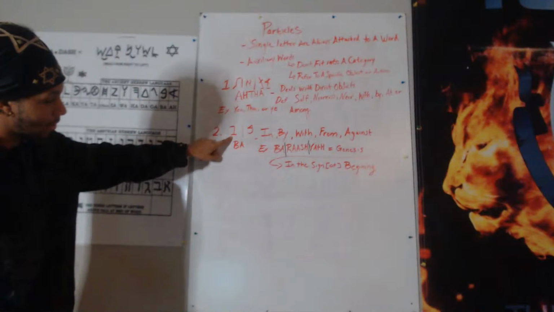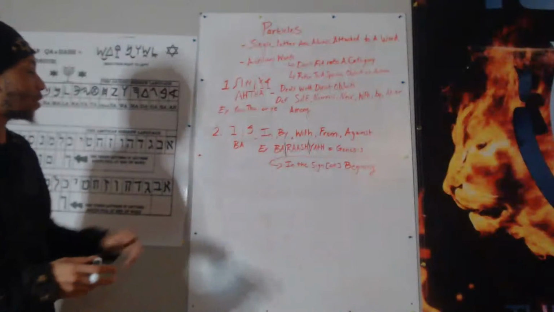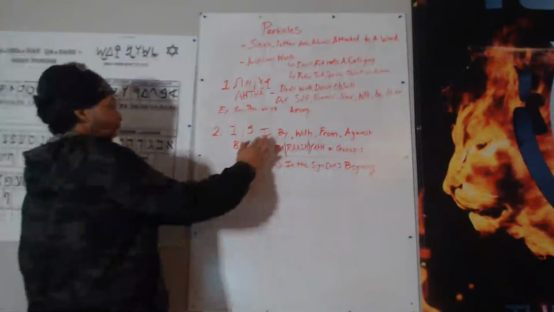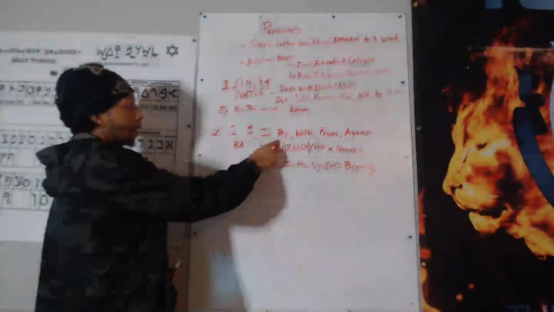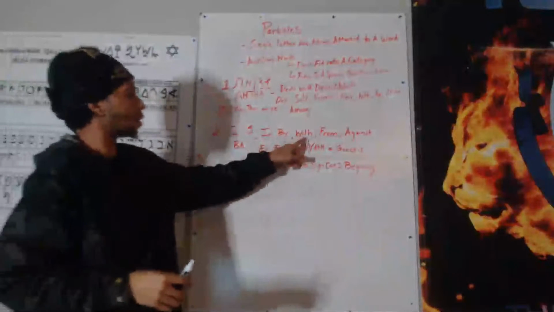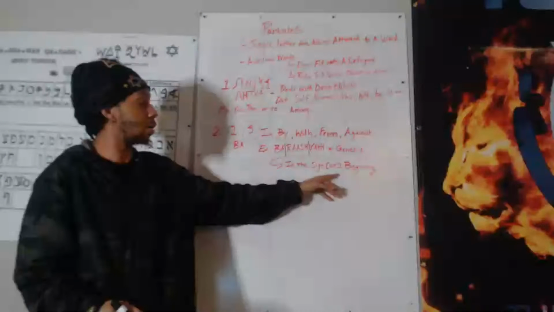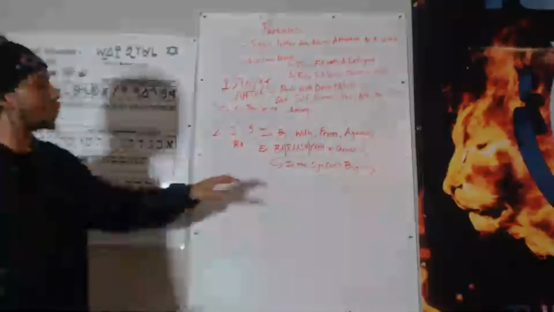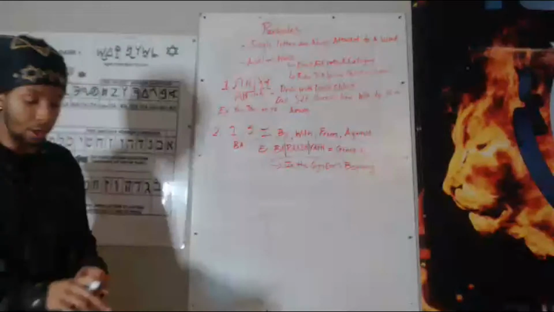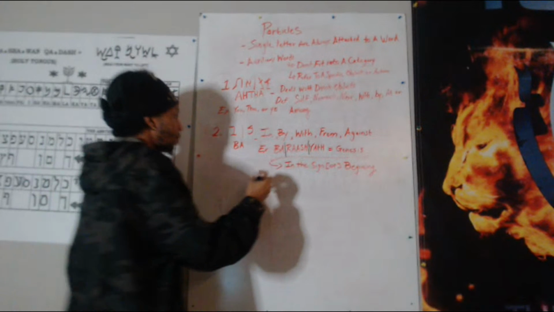All right, so Ba means and, by, with. We have the word for, the or better yet, in the beginning. So Ba means and.